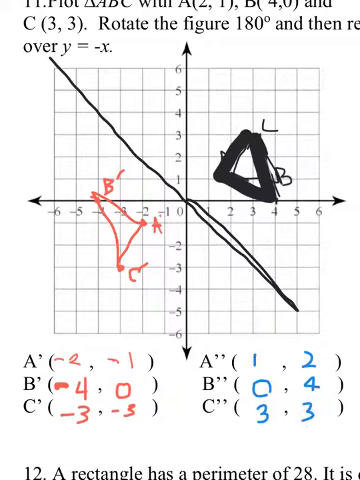So A is going to be at 1, 2. It's a little a, and big apostrophes. B is at 0, 4, double prime. C is at 3, 3, which is back here. And so it's connected at C and pretty close. All right.